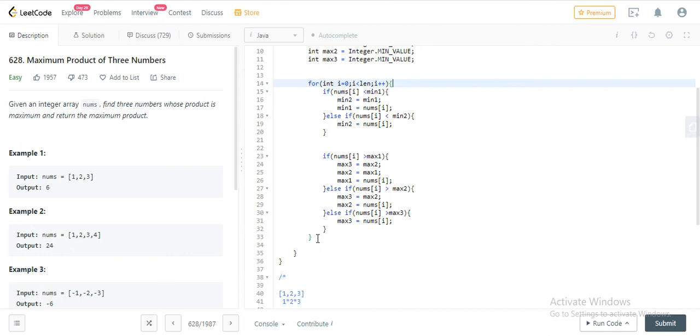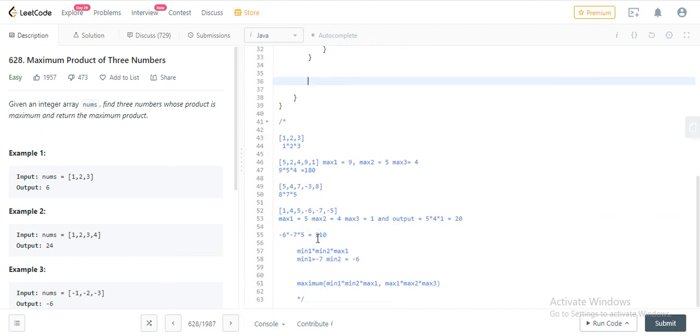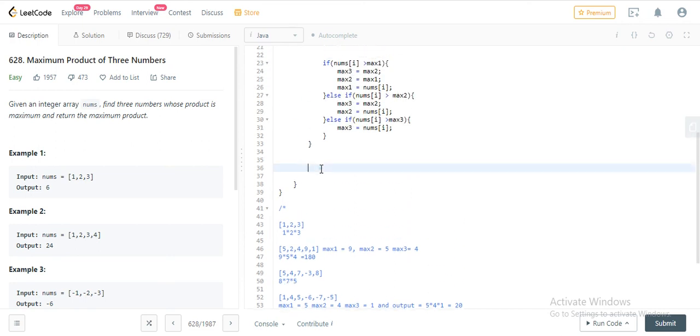Now, as I explained, we need the maximum of these two, so let's return the max of them.